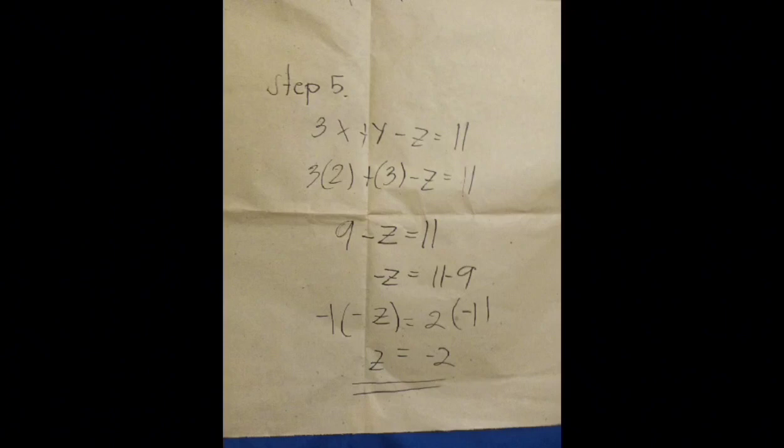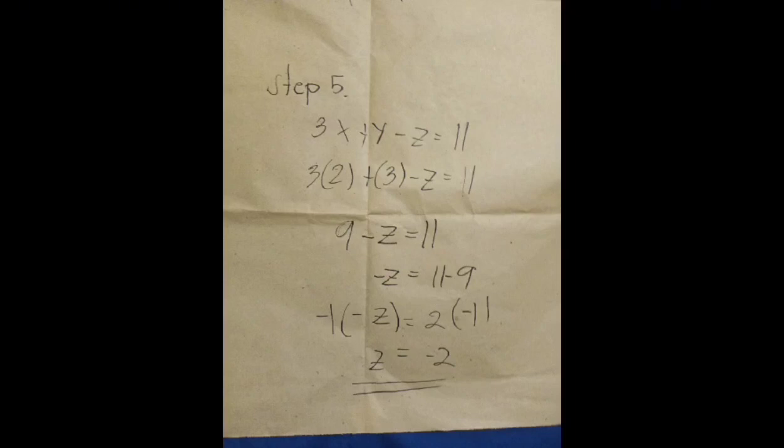Then 3 times 2 is equal to 6, then plus 3 is equal to 9, then minus z is equal to 11. Since z man natong equal re pangita, i-transpose nato ang 9, minima siyang plus negative 9. So 11 minus 9 is equal to 2.